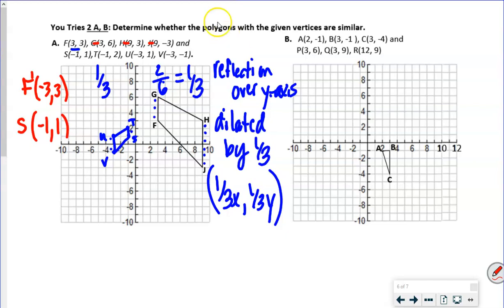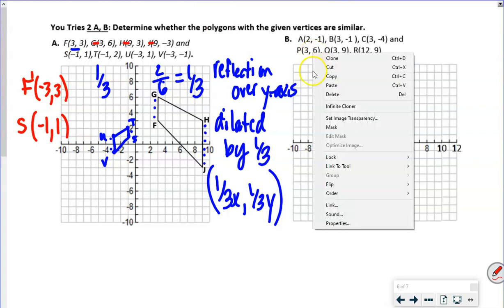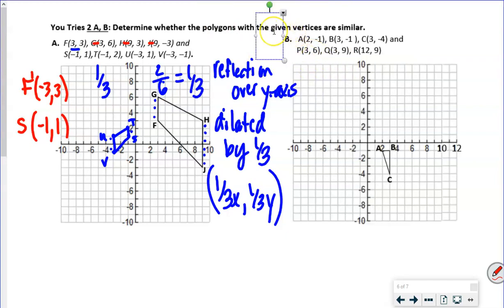So now let's look at this next one. P is at 3, 6. 3, 6, right there. That's P. Okay, pen, work for me, please. Okay, then we got Q, which is at 3, 9.